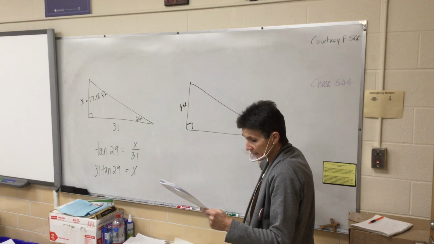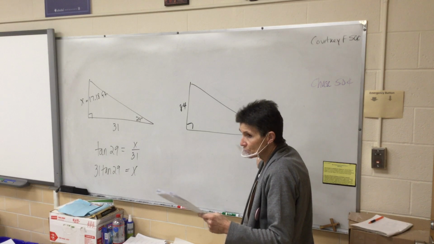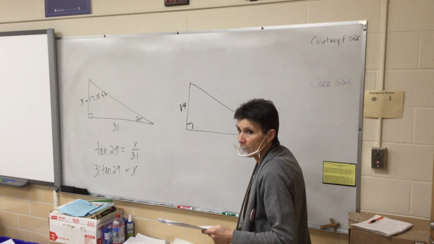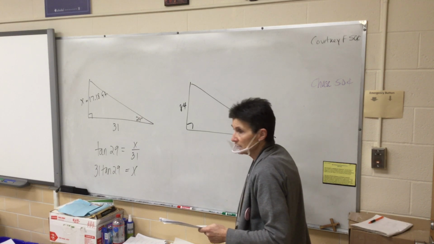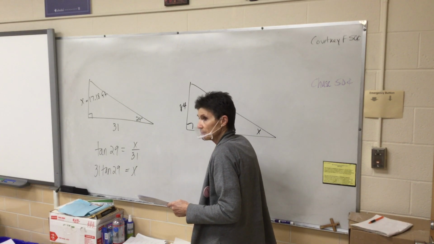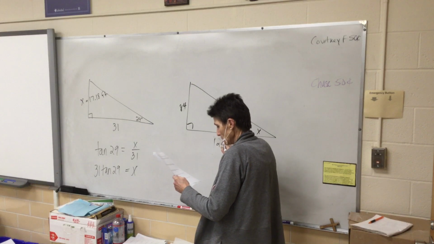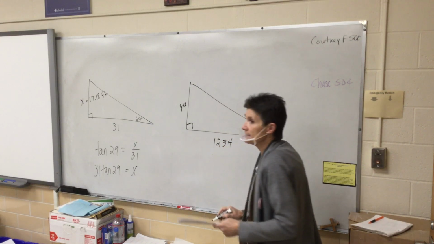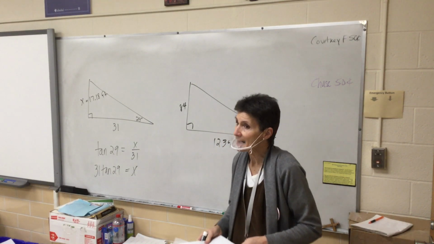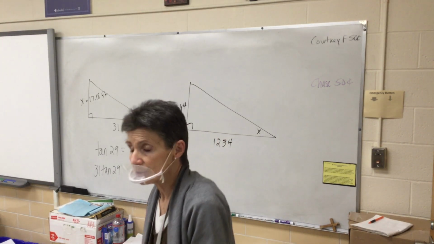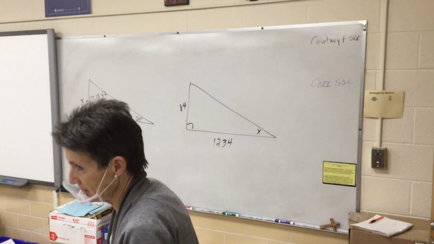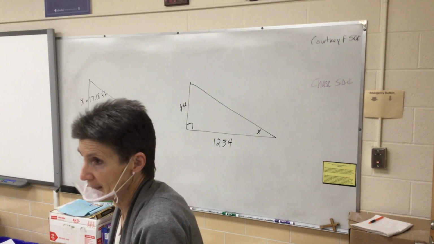And he is standing 1,234 feet from the building. That's right here, right? It'd be tangent. It doesn't say he's 1,234 feet from the top of the building. It says from the building.